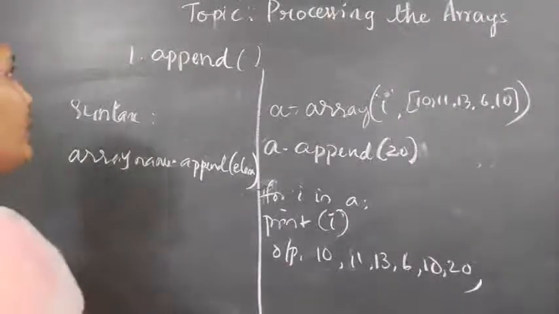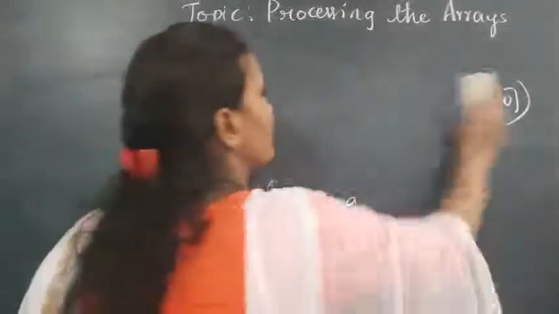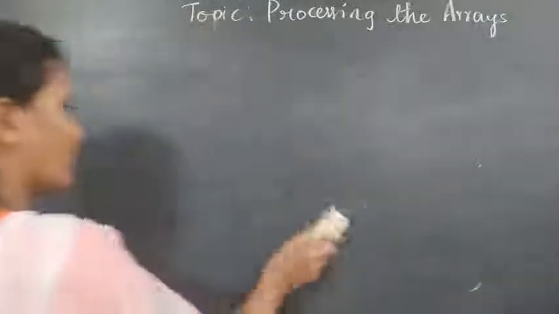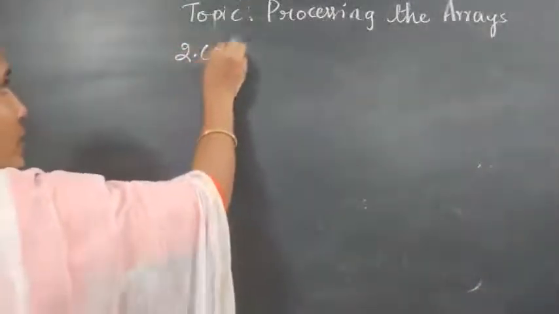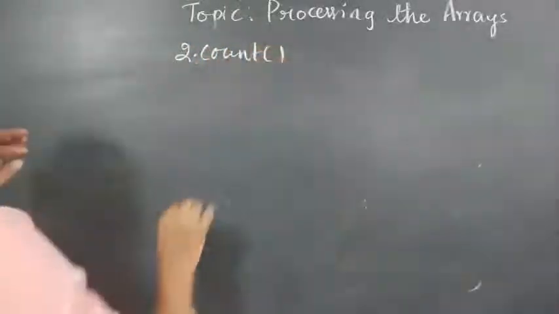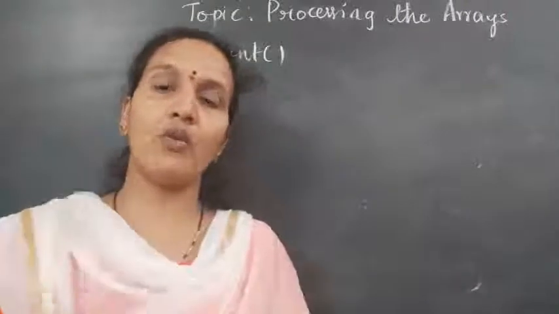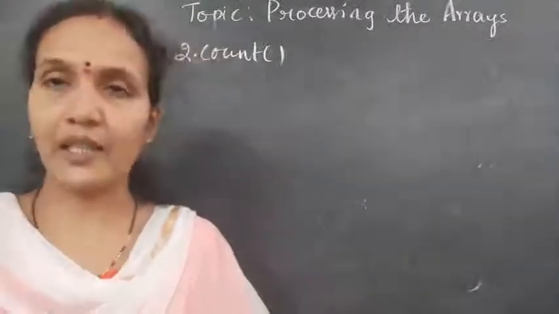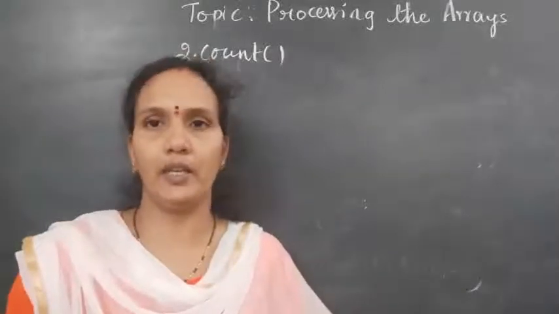Now, the second method is count. Actually, what is the use of the count method? See, count, it counts. But what it counts? Here, this method counts the number of occurrences of the given element.